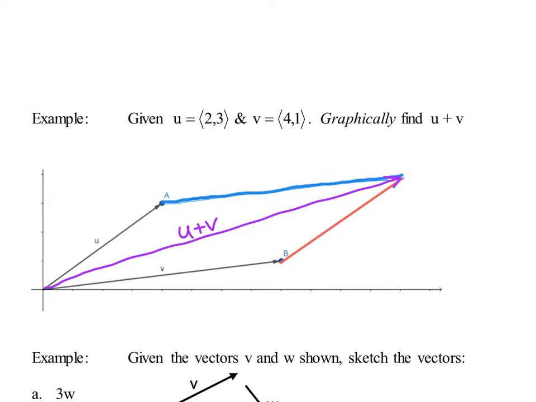Now, if I need the actual component form of that vector, I need this coordinate over here. All right, well, let's kind of wrangle out that information. So drop an altitude here.